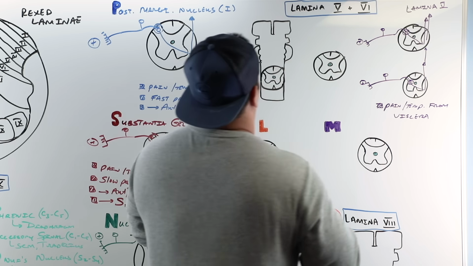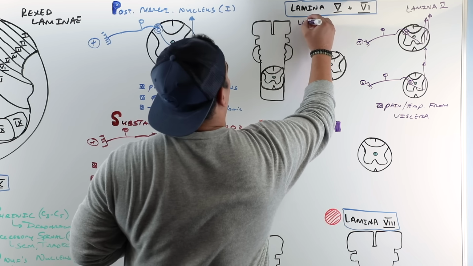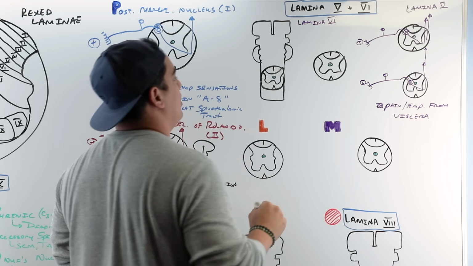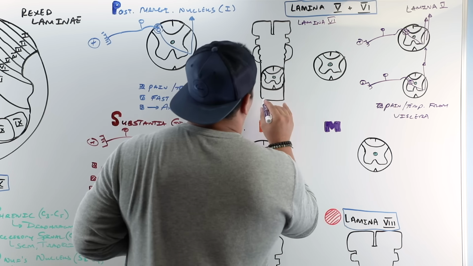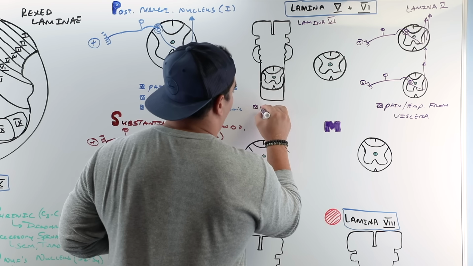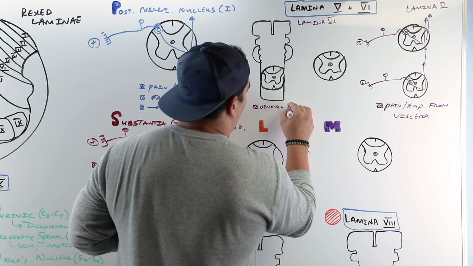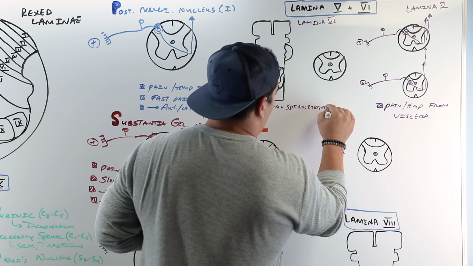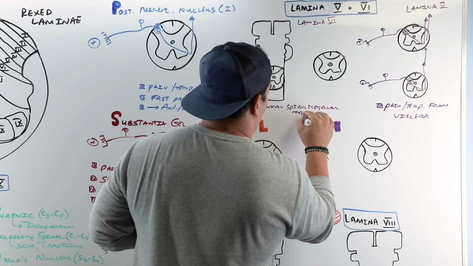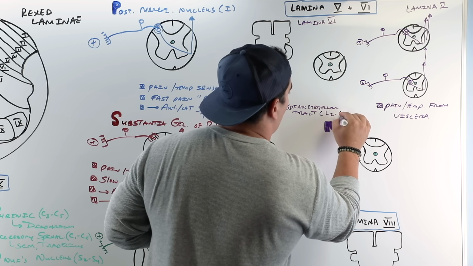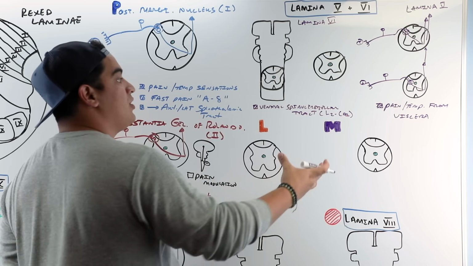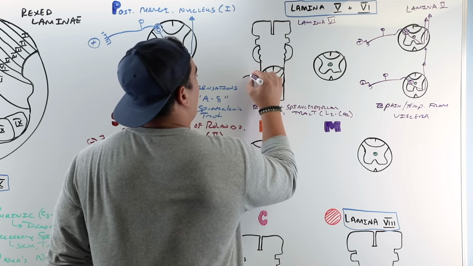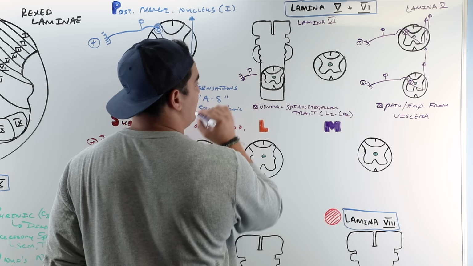Lamina 6, on the other hand, this one's actually really cool. All right, lamina 6, I want you to remember two functions. One is it is involved with what's called your ventral spinocerebellar tract, which is from L2 to about coccygeal 1. So it's picking up sensations primarily from the lower extremities. And if you remember, that's picking up proprioceptive sensations.